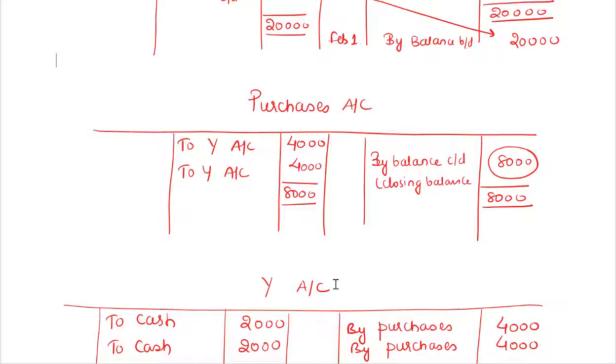Is it clear? And this closing balance 8,000 will be taken from here to here and will be giving the date as 1st Feb to balance brought down.